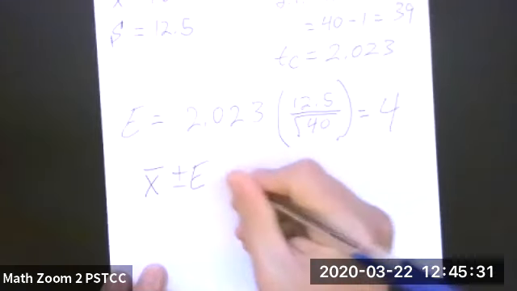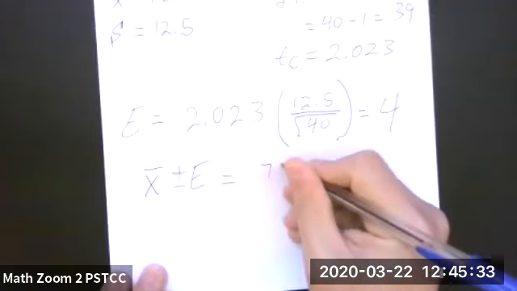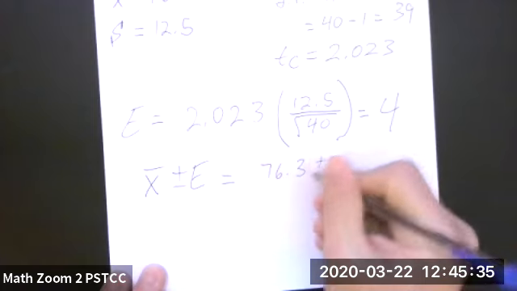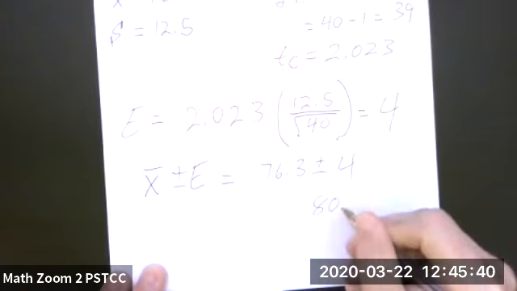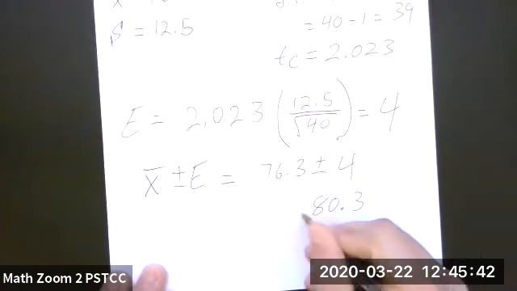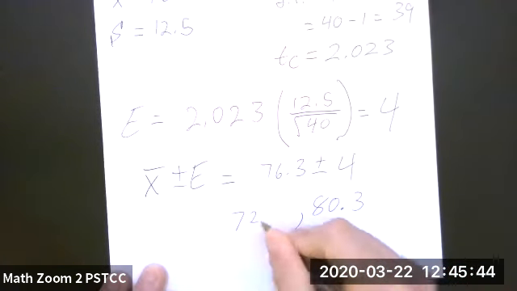Do plus or minus from the sample number. 76.3 plus or minus 4, which makes 80.3 for the upper, 72.3 for the lower.